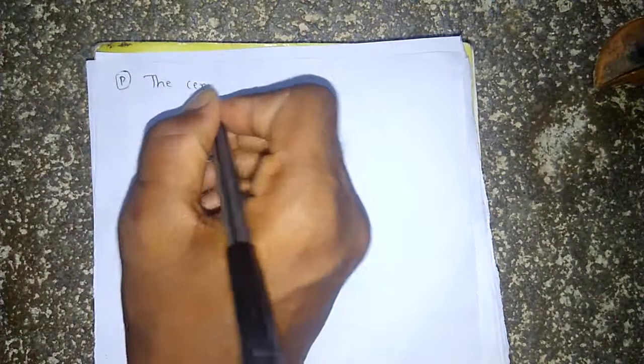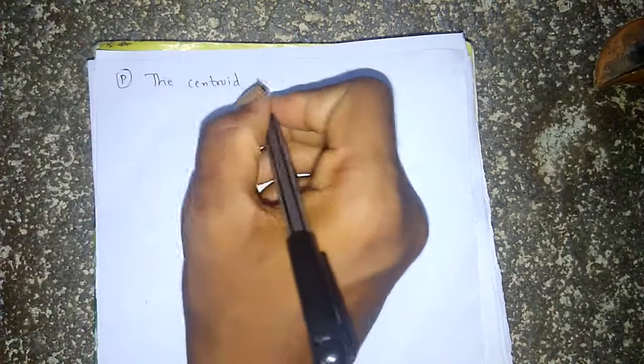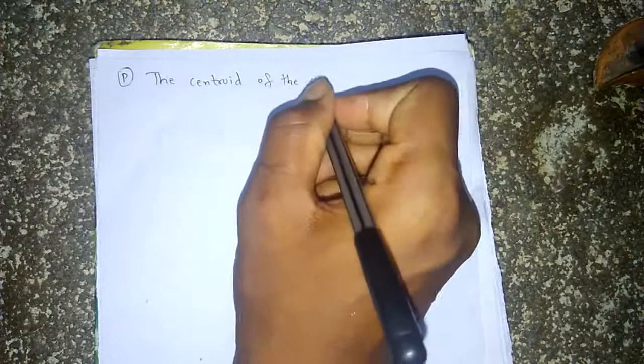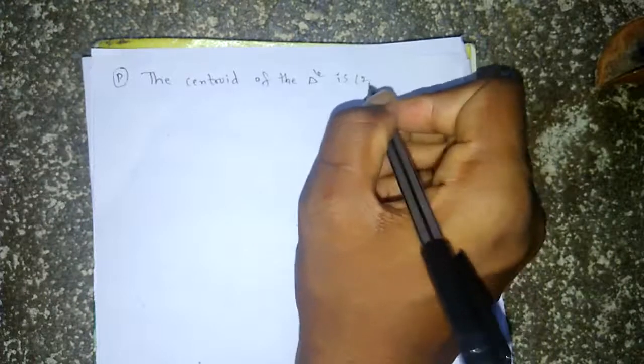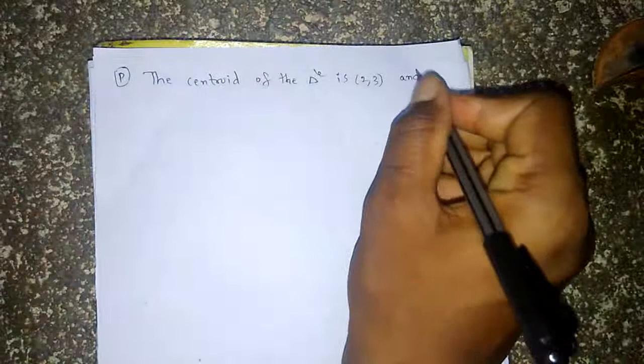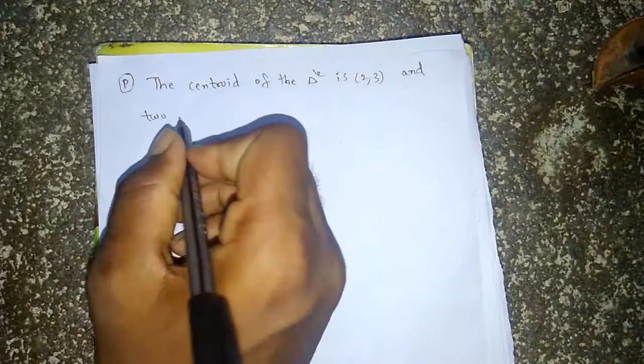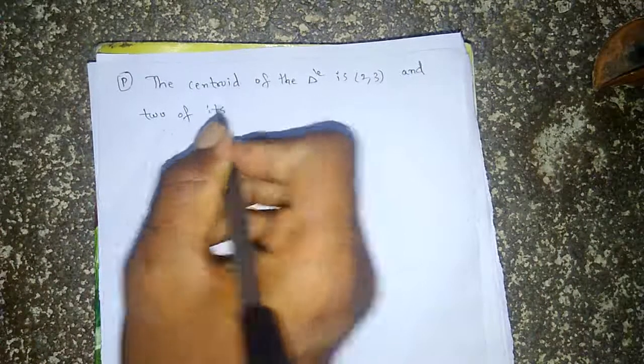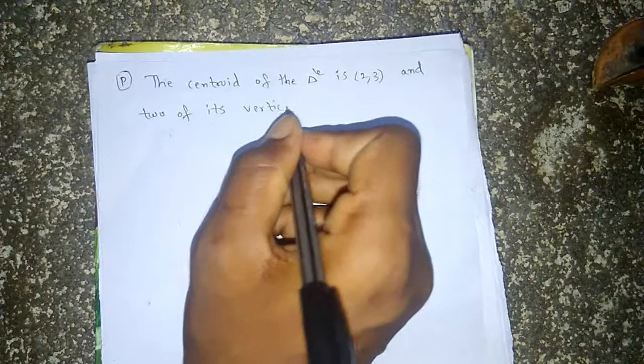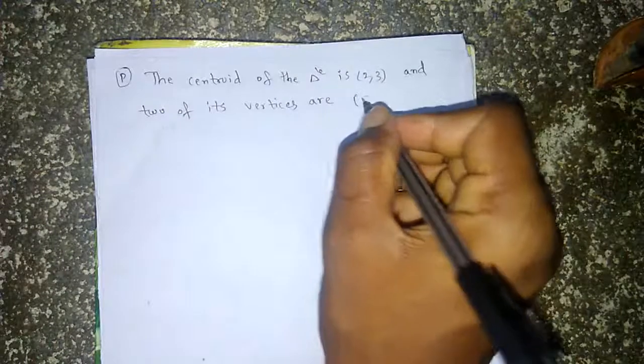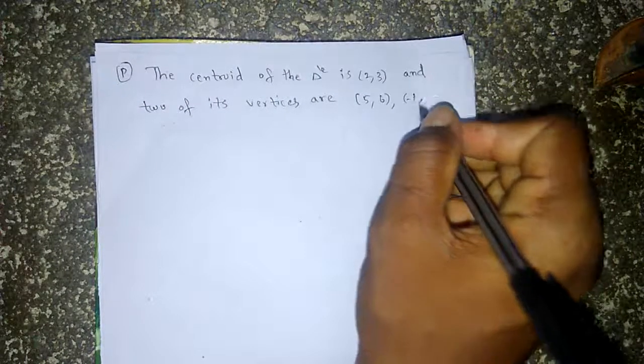Next problem: the centroid of the triangle is (2, 3) and two of its vertices are (5, 6) and (-1, 4).